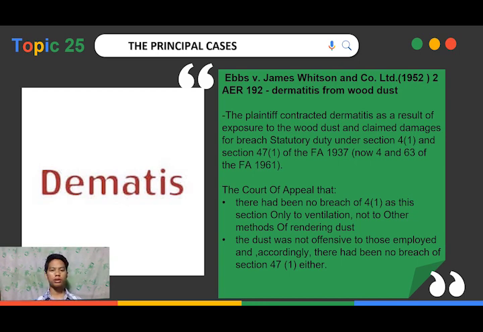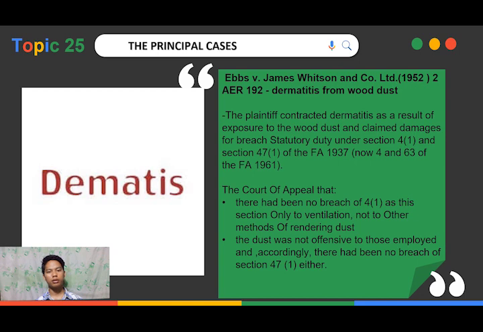Next is Dixon v. James Whitson and Corporation Ltd 1952 2 AER 192, dermatitis from wood dust. The plaintiff contracted dermatitis as a result of exposure to wood dust and claimed damages for breach of statutory duty under Section 4 and Section 47 of the FA 1937, now 4 and 63 of the FA 1961.